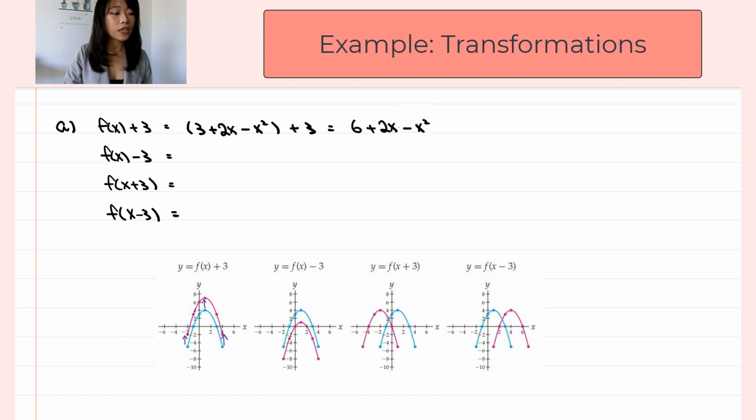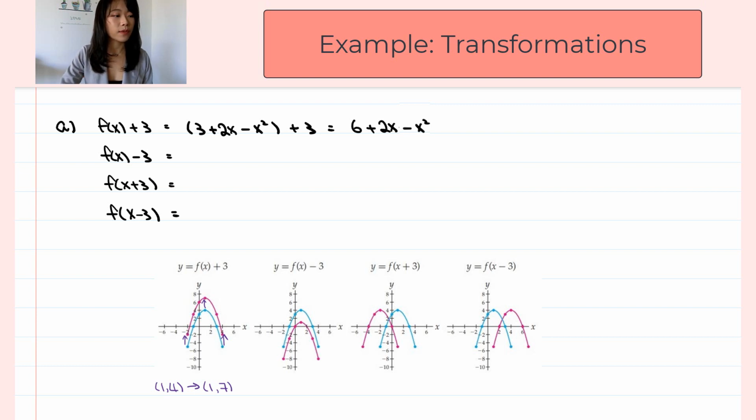Let's take x equals 1 as an example. The original graph has the point (1, 4). But if you substitute x equals 1 into our new function, you'll find the new coordinates are (1, 7). You can do that for the other 4 points as well.